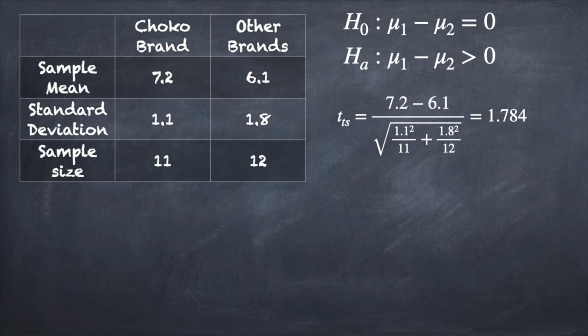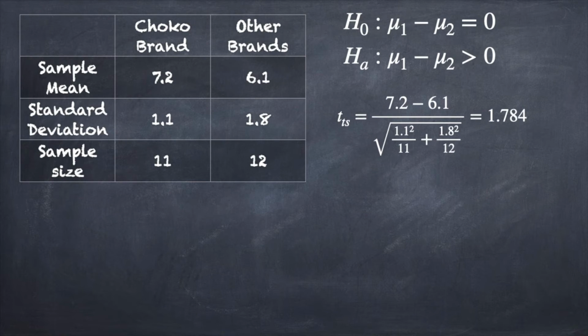So the question is, is the difference between these two means, that is the 7.2 minus the 6.1, far enough away from 0, that is mu1 minus mu2 under the null hypothesis? Is that 1.784 far enough away to say, yeah, there is a statistically significant difference?